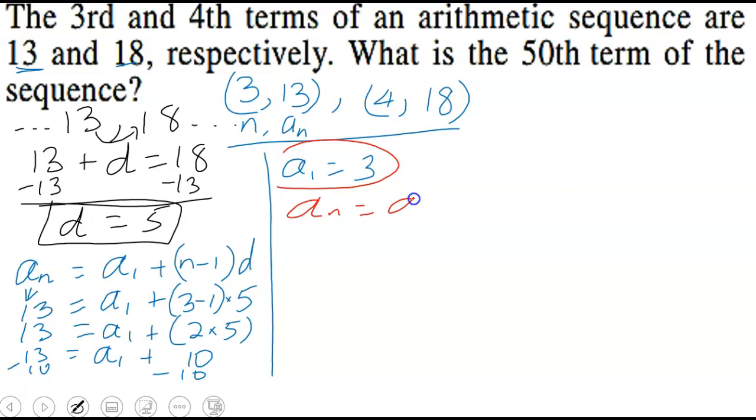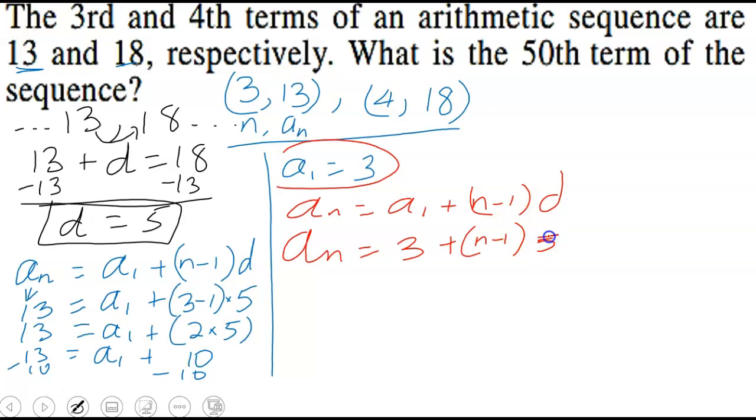Now that we know a1 and the common difference, we can write our formula. an equals a1 plus n minus 1 times d. So the general formula is an equals 3 plus n minus 1 times 5. This is the explicit formula if we are asked to find it.